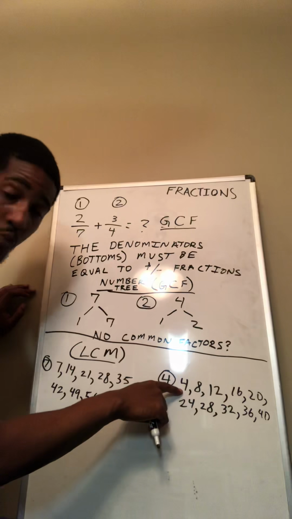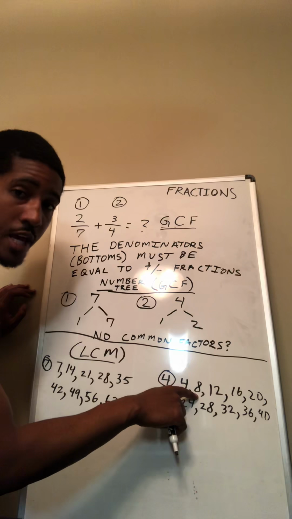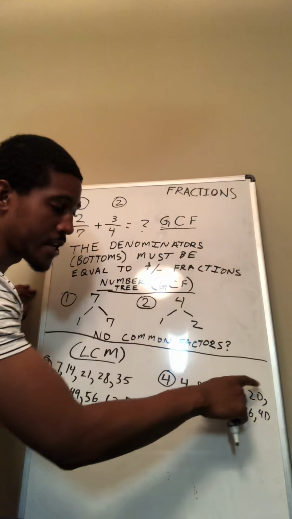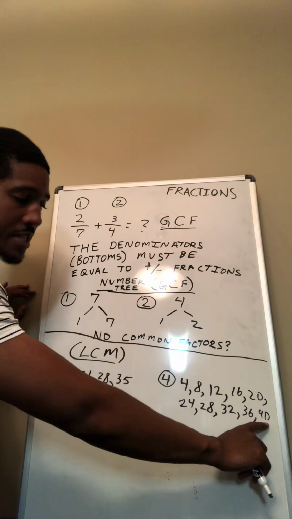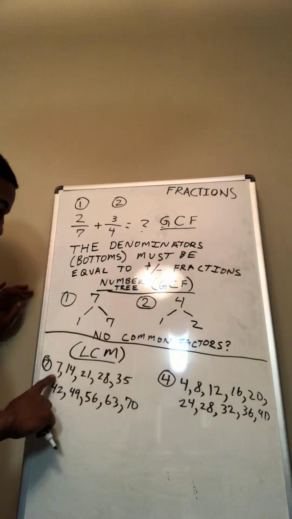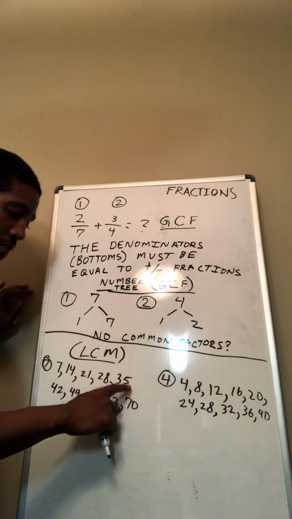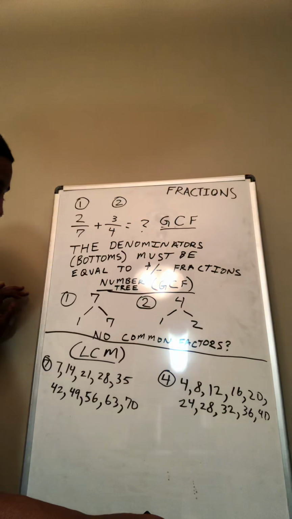This is 4 times 1, which is 4. This is 4 times 2, which is 8. This is 4 times 3, which is 12. 4 by 4, 16. 4 by 5, 20, so on and so forth. All the way when you get 4 times 10 is 40. The same thing here where you say 7 times 1, 7 times 2, 7 times 3, 7 times 4, 7 times 5, 6, 7, 8, 9, and 10.